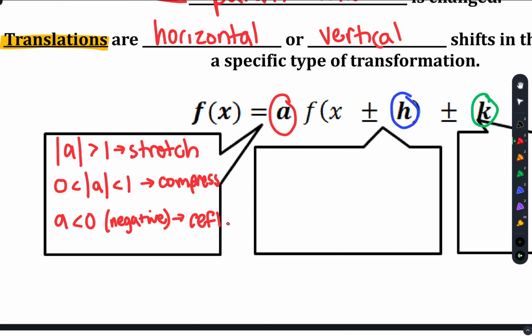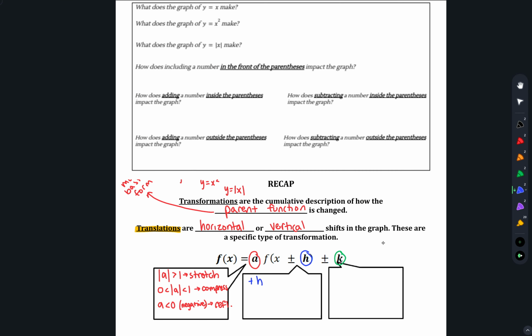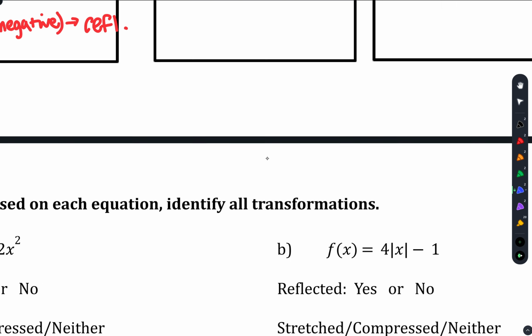The next part is h. h is always inside of a set of parentheses. So it will literally go immediately after whatever the x is. There will be no square in between it. There'll be no absolute value signs in between it. It goes immediately after the x. If I added a number, remember that's moving to the left.